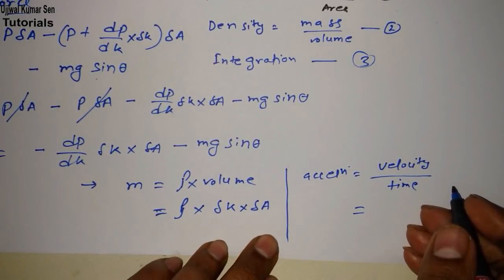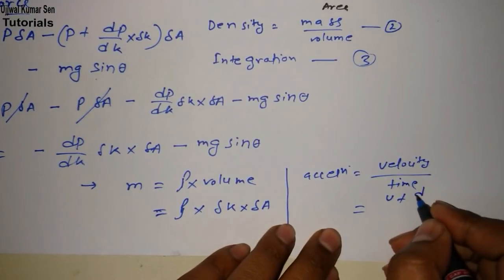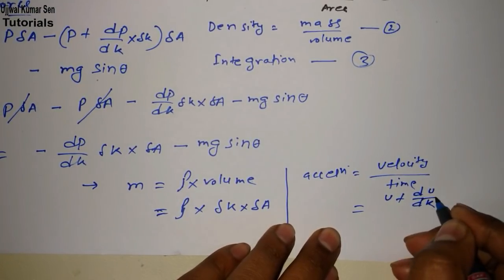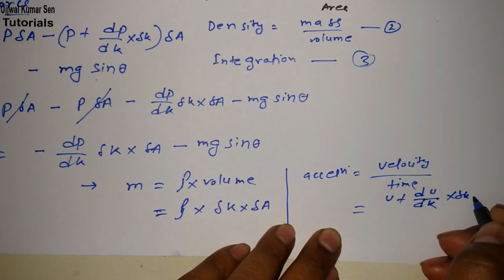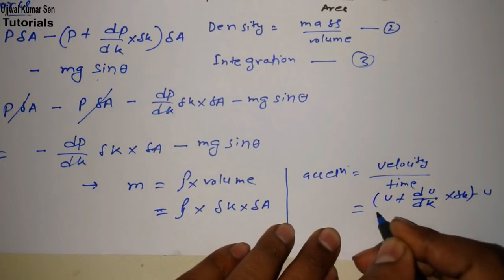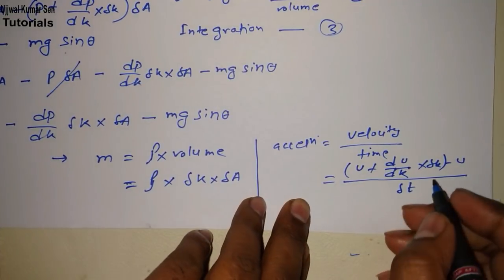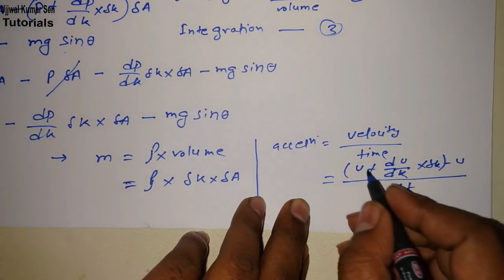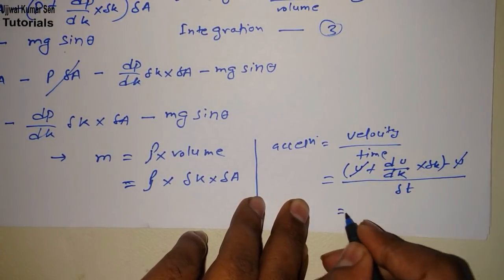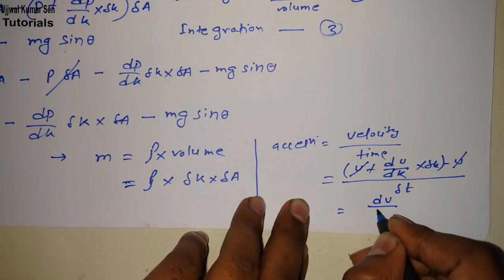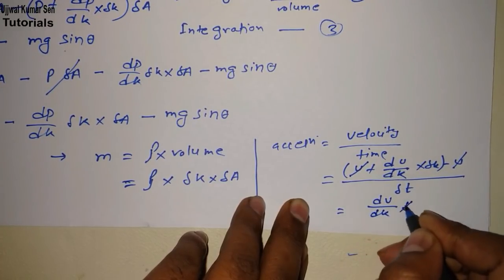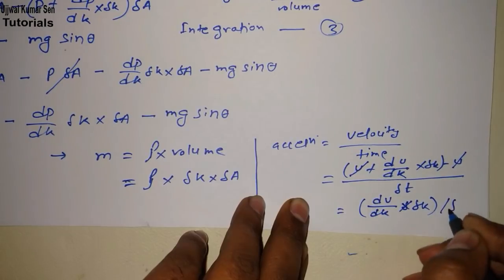Therefore velocity here is u plus du by dk multiplied by delta k minus u, divided by delta t, time. Now just do the calculation. This one and this one get cancelled. So what we got is du by dk multiplied by delta k by delta t.